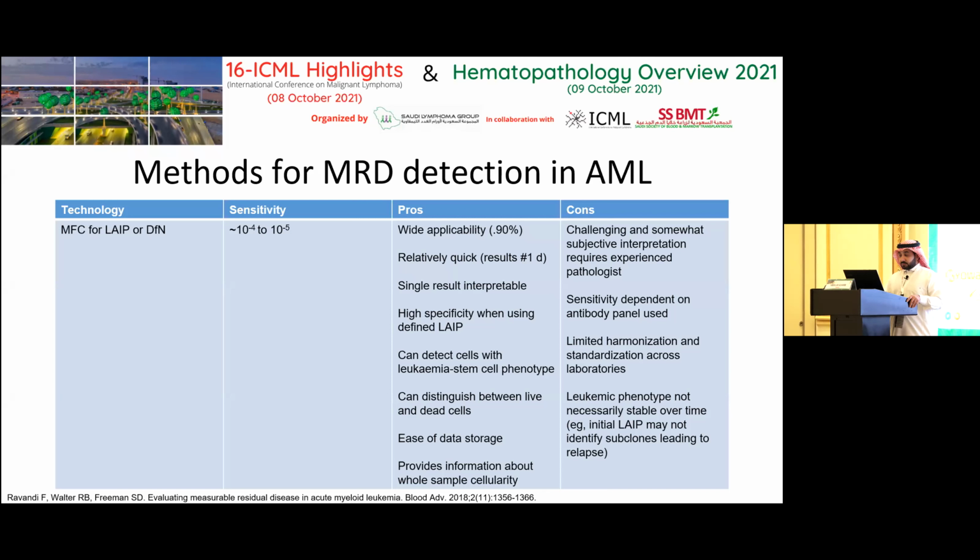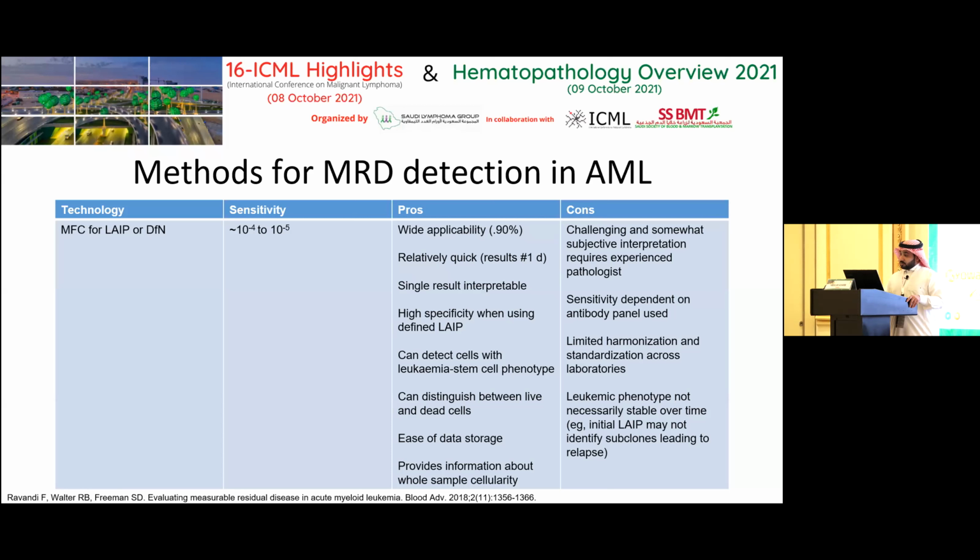Up to 90% of acute myeloid leukemia can be detected by this modality. It is relatively quick, the result can be ready by the day, and the result is interpretable and highly specific using defined leukemia-associated phenotypes. It can detect leukemic stem cell phenotype, distinguish between live and dead cells, and provide information about the whole sample cellularity.